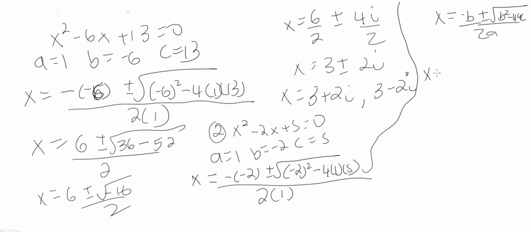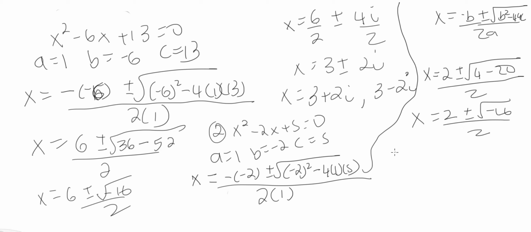So that becomes x equals negative negative 2, which is 2. Then 2 squared is 4. That's going to be 16 again. 4 minus 20. 2 plus or minus the square root of negative 16 over 2. So that becomes 2 over 2 plus or minus 4i over 2. So this is the same thing as saying 1 plus or minus 2i, because 4 divided by 2 is 2.